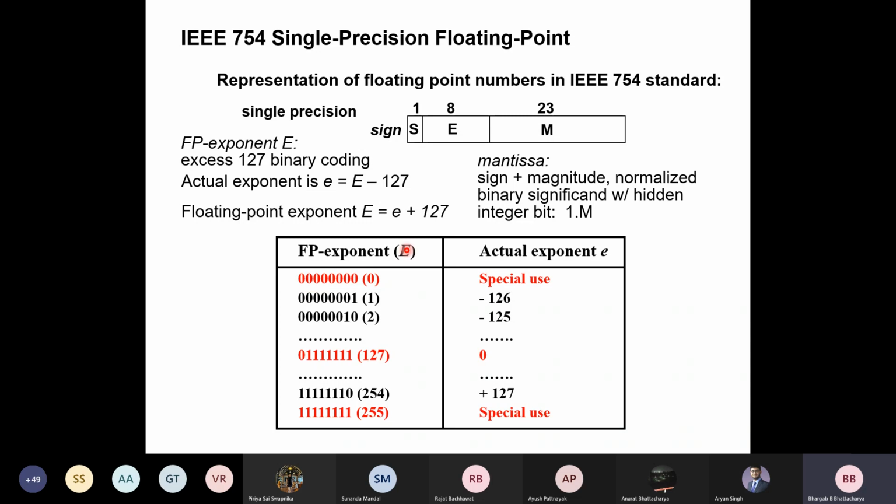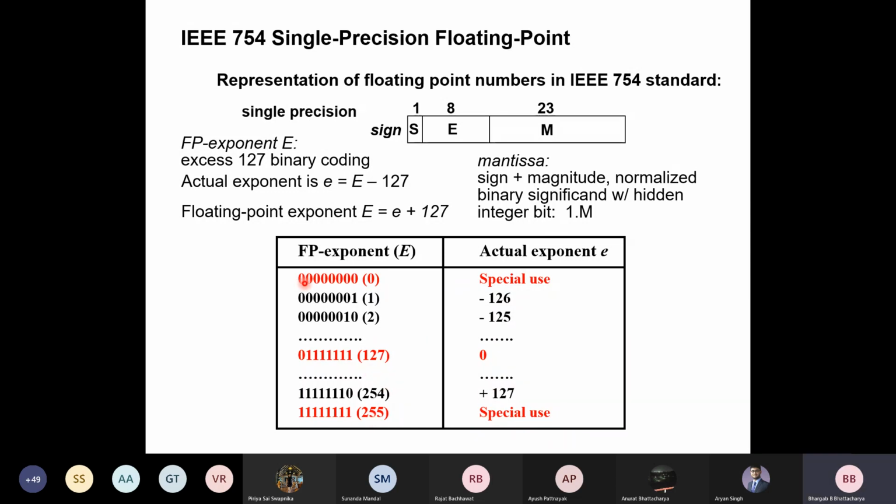Okay, so I have 8 bits for the exponent, so those combinations will run from all 0 to all 1. And I want to distribute the positive exponents and negative exponents more or less in a balanced fashion, so I map this 127 value here to 0 to represent the actual exponent 0. So the negative exponents will be represented by these numbers in the floating point exponent, and the positive actual exponents will be represented by these numbers.